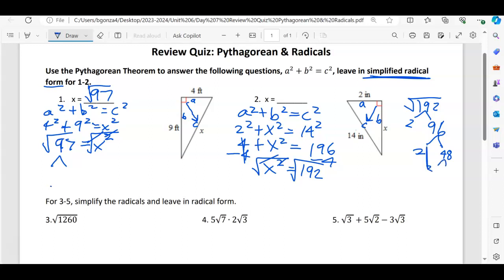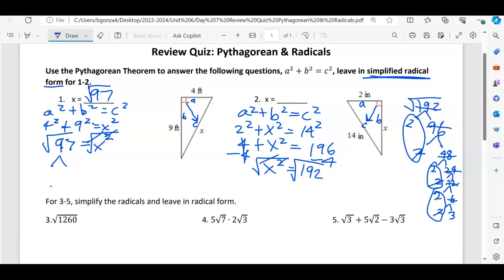And then 2 times 24. 2 times 12. 2 times 6. 2 times 3. Circle a pair of 2. Circle a pair of 2. And circle another pair of 2. That's a lot of 2's, right?